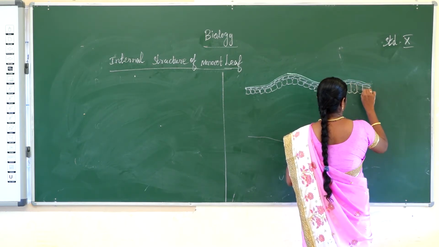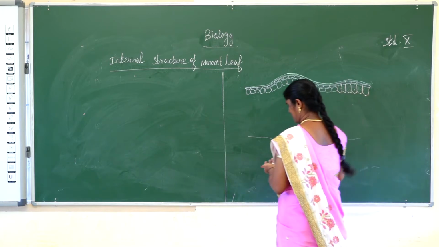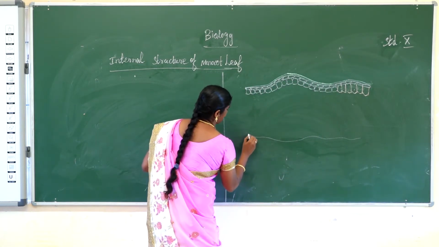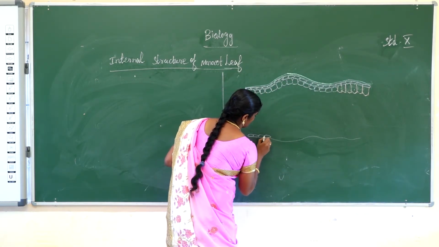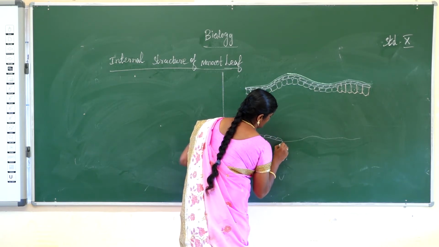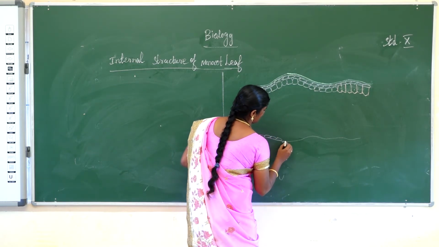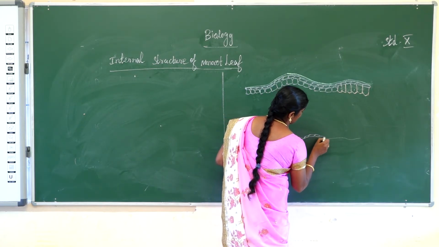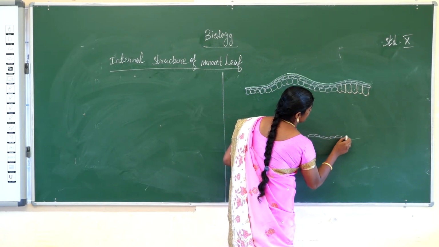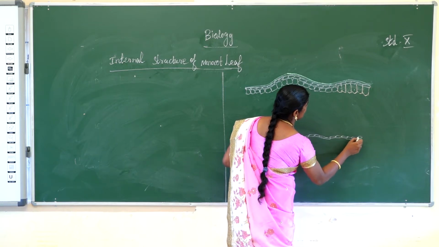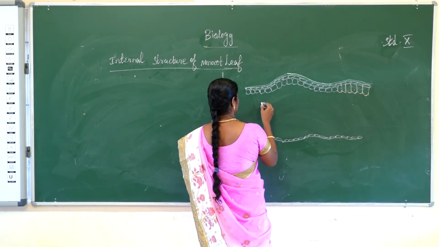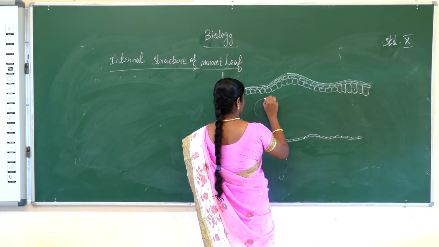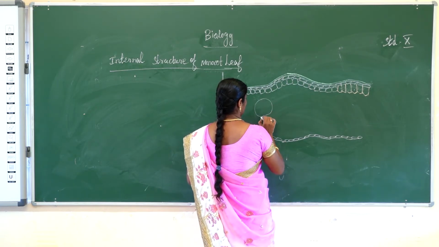That is called fully formed cells. Lower epidermis. Next, vascular bundle.